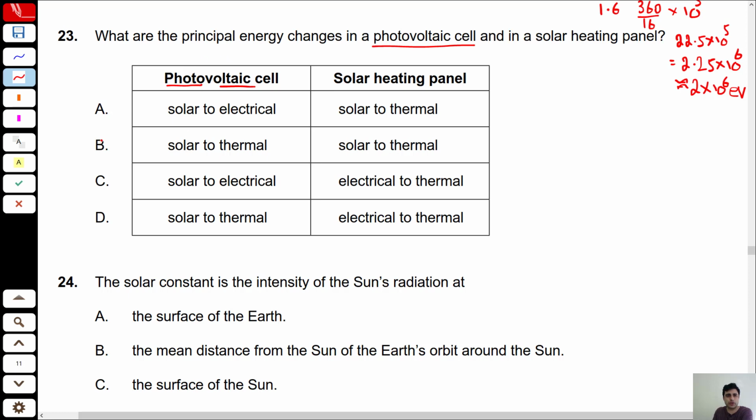So ignore B and D. And solar heating. So think solar is again light, right? So ignore these two. So solar to heat. Heat means thermal energy. So the energy conversion is from solar to thermal energy. So it's going to be B.